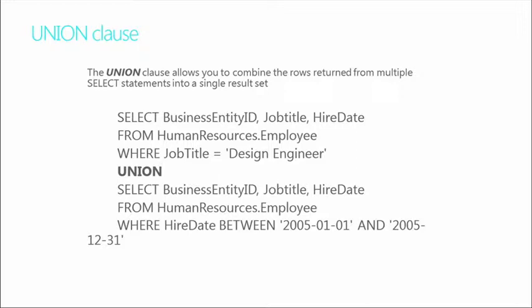I could go out and do select business entity ID, job title, hire date from HumanResources.X employees, if I wanted to, where hire date or fire date was a certain date. You can do that as well. As long as the columns match up, you can retrieve that content from different tables here. So this is the union clause, and again, we'll see how that operates for us here.